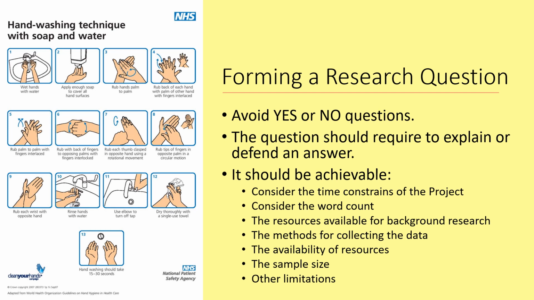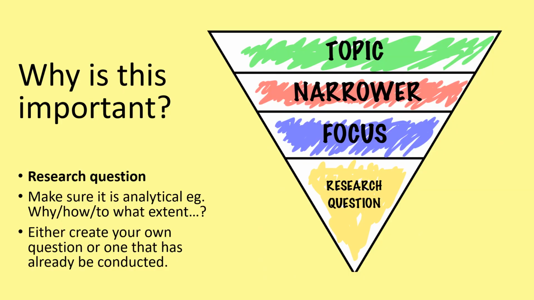So what books are available, what websites you can use, which articles you can use for your background research, the methods for collecting the data, whether you're going to use interviews or questionnaires that can be filled in class potentially, the availability of other resources, the sample size, and other limitations.